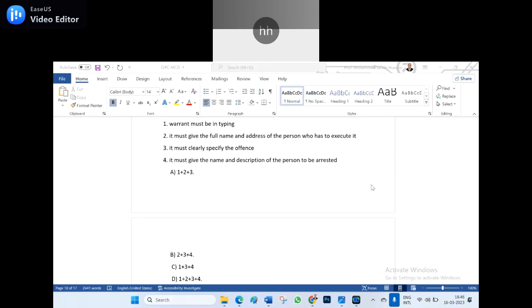1 plus 2 plus 4 is not there. I made one wrong statement there. I clearly made the first one, warrant must be in writing, but instead of writing, I wrote typing.